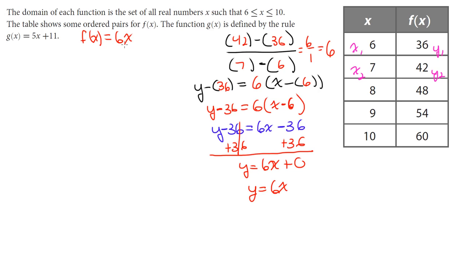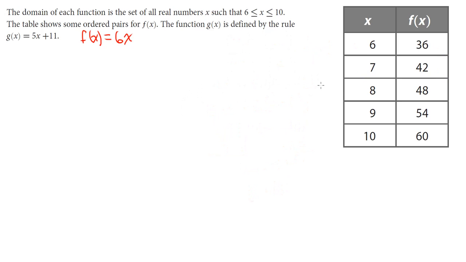6x. So let's take a look at the initial value. We already know the initial value for f of x. It's 36. So we'll write here f of 6 equals 36. And now we need to calculate the initial value for g of x. So I'm going to write this over here. So I'm going to write g of 6 equals 5 times 6 plus 11.